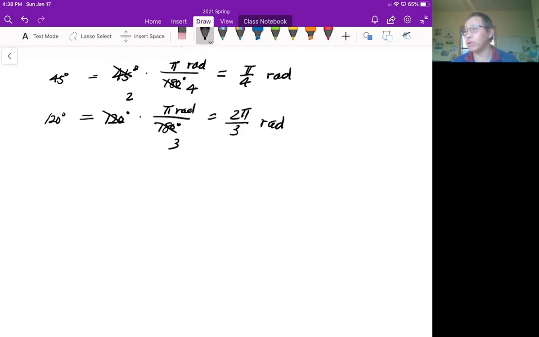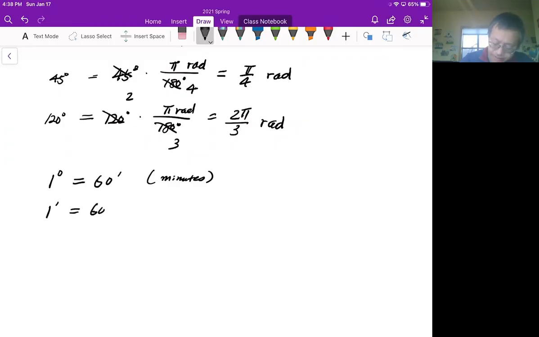And furthermore, for the degree measure, many times you have 1 degree equal to 60 minutes, and then 1 minute is equal to 60 seconds. It's not a time, it just happens to be called that way.